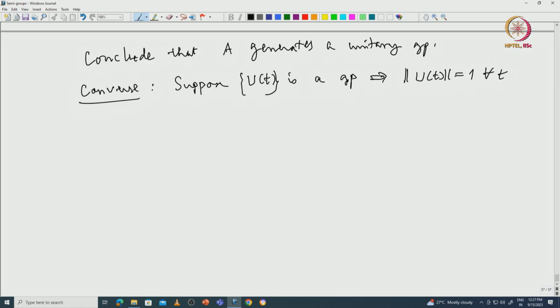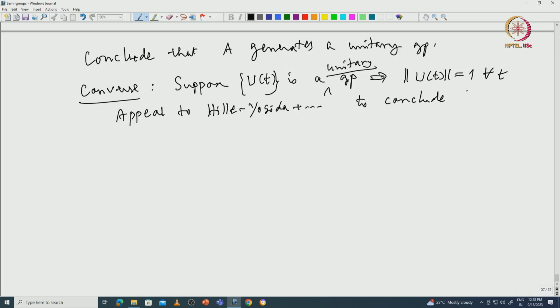Again you appeal to the Hille-Yosida theorem. A little more work, but what is important to show is that A is skew adjoint. Use the unitary property of the group, writing down the definition of the generator, to see that A is skew adjoint. A little work, but that can be done.